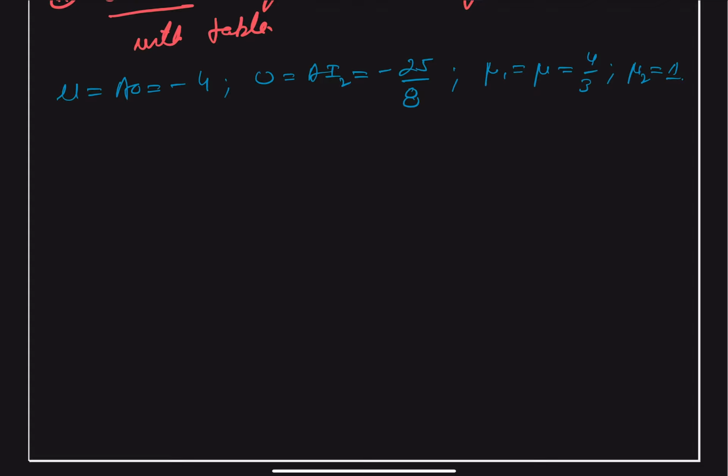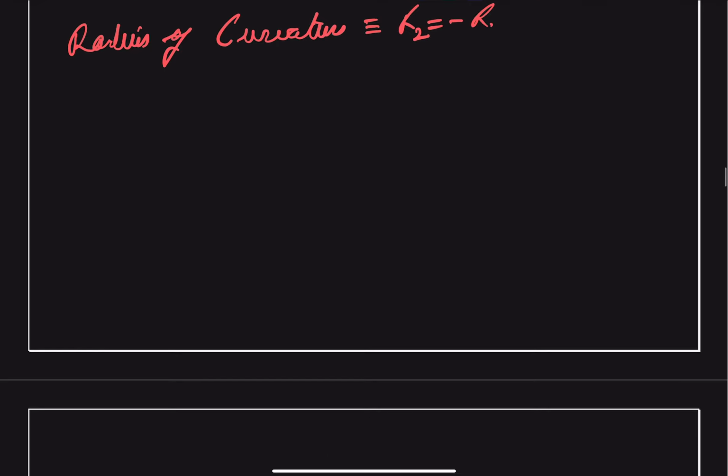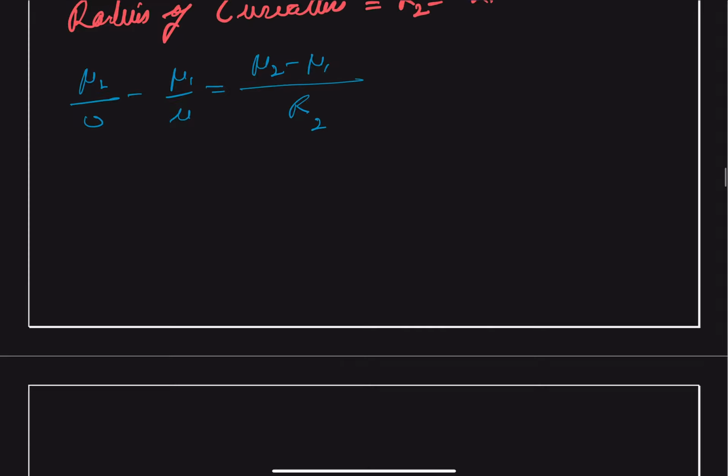And the curved surface radius of curvature, that is of R2, will be equal to minus of R. So once again we can use the formula that mu2 upon V minus mu1 upon U is equal to mu2 minus mu1 divided by R, and rather we can say R2, and we simply substitute the values.